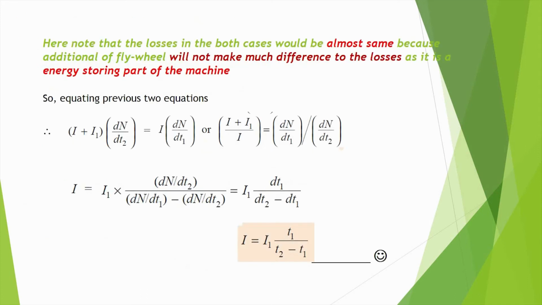We compare both equations, because there will not be much difference in the losses without the flywheel and with the flywheel. Comparing both of them, we find the inertia I equal to I1 T1 divided by T2 minus T1.